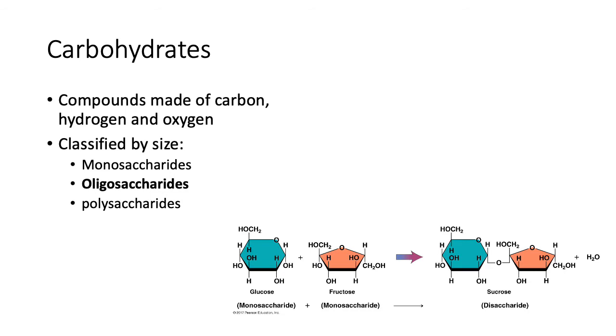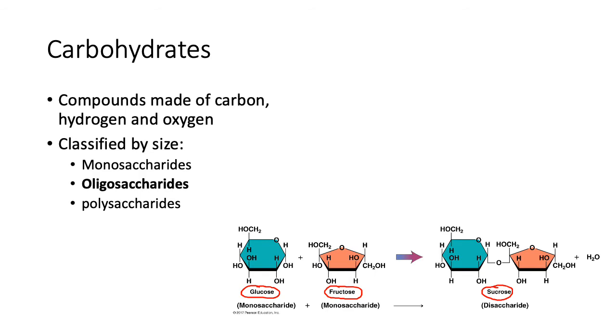And oligosaccharides are made when we link monosaccharides together. So in this figure, notice we have a monosaccharide, glucose, and a different type of monosaccharide, fructose. Both of these are simple sugars, but when we link these together, we can create an oligosaccharide called sucrose.